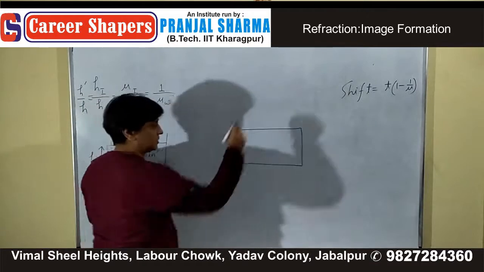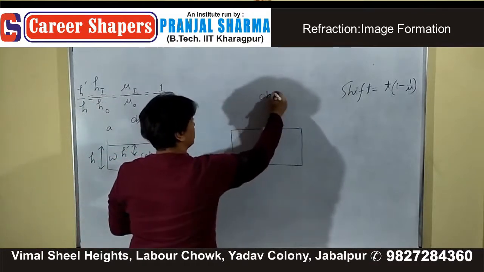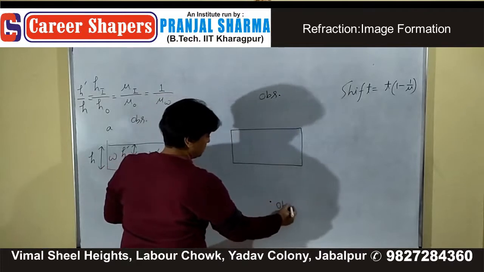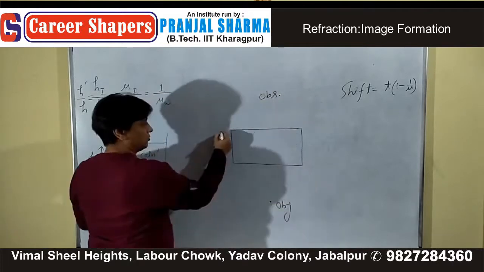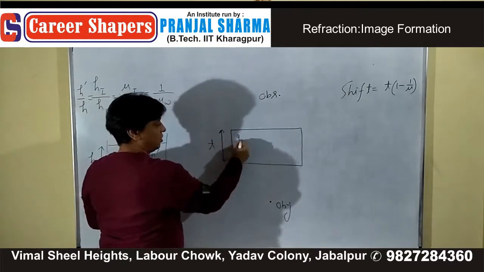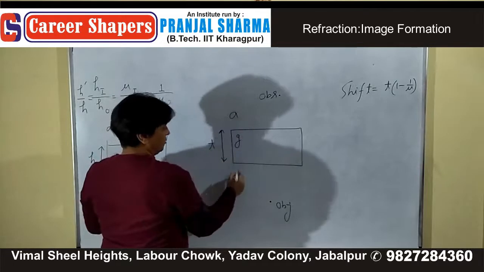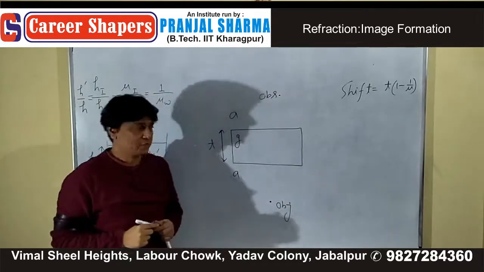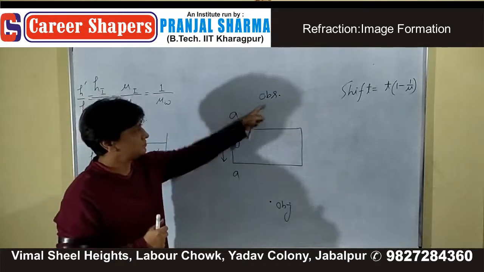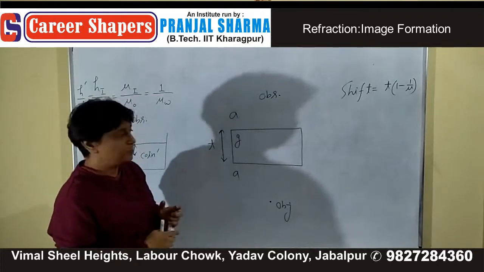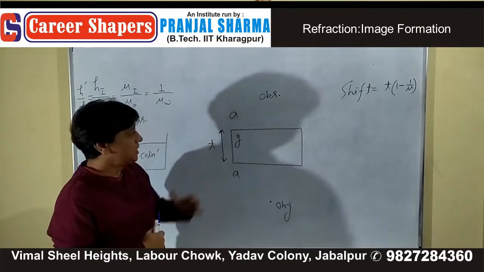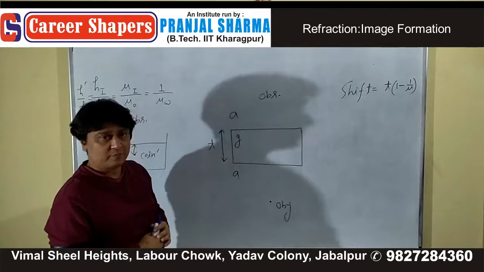Now, this is your observer, that's the object. This thickness is T of this glass slab, which is placed in air. Now let's ask this observer to replace this whole glass slab. How does he remove this glass slab?